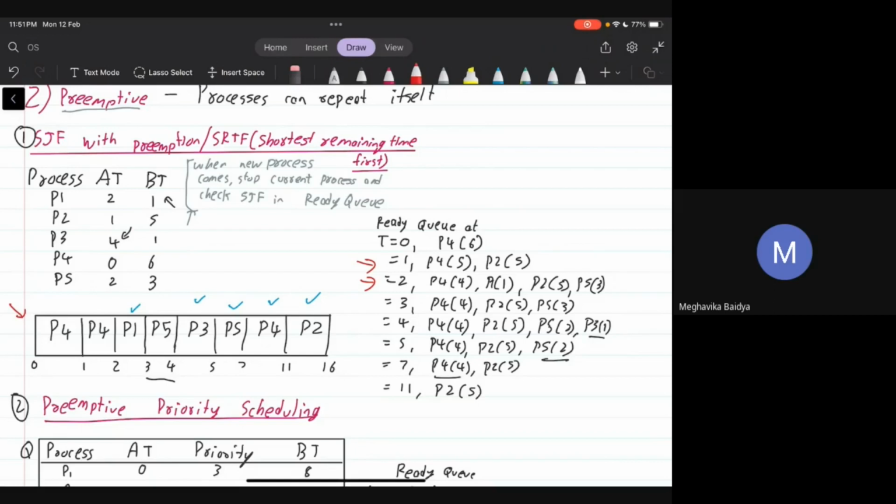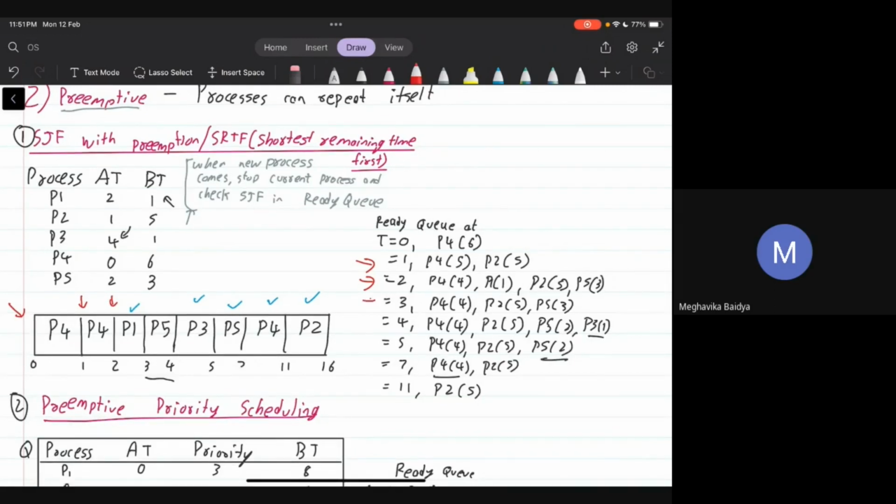Whenever a process comes at its arrival time, you have to interrupt it here, like this, and then check in the ready queue again, which process has the least burst time. That's it. And then the same calculations as we did before. I didn't write it here, but same thing.